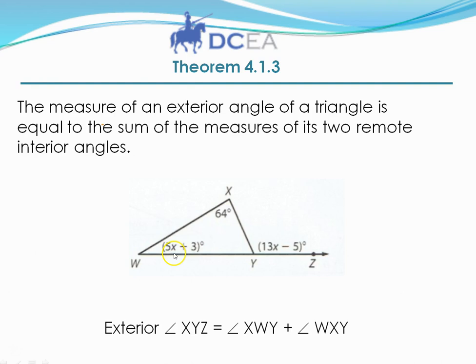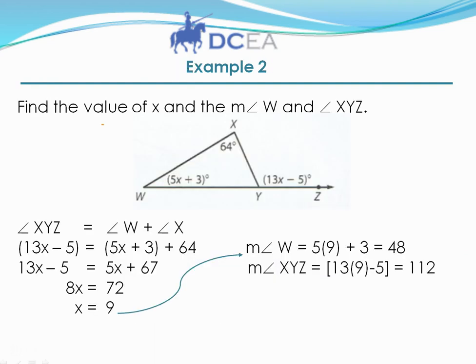So these two angles add up to this angle. So angle XWY plus angle WXY equals angle XYZ.